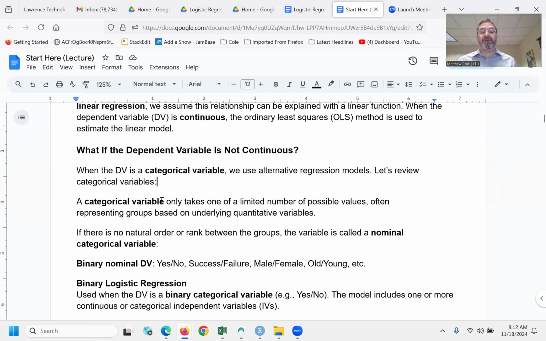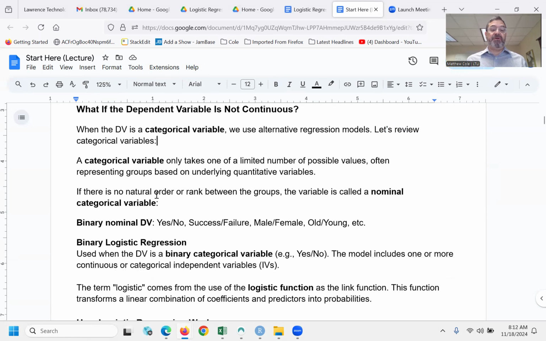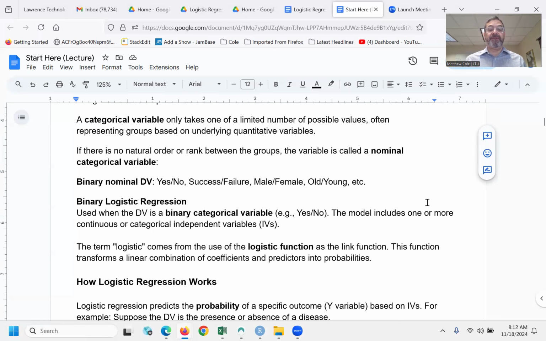A categorical variable only takes one of a limited number of possible values, often representing groups based on underlying quantitative variables. If there is no natural order or rank between the groups, the variable is called a nominal categorical variable.